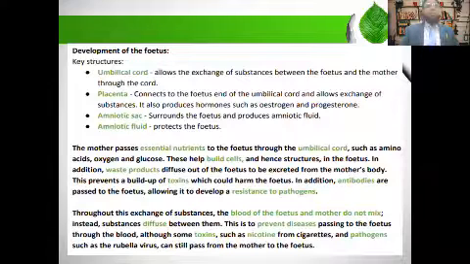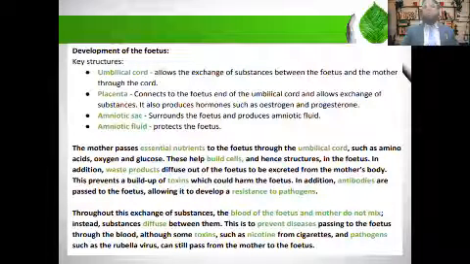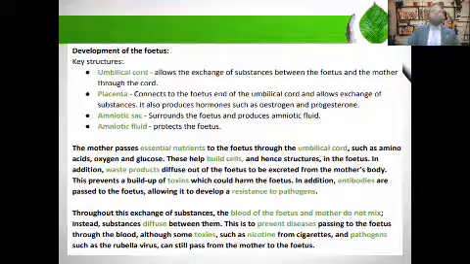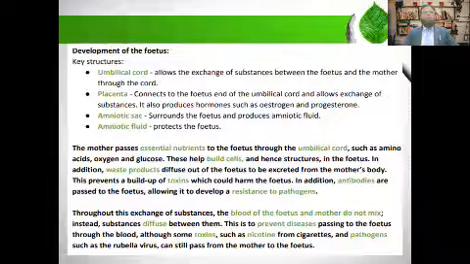Now you can see here the umbilical cord allows the exchange of substances between the fetus and the mother, because during development the fetus is attached to the mother by the umbilical cord. The placenta connects the fetus to the end of the umbilical cord and allows exchange of substances.